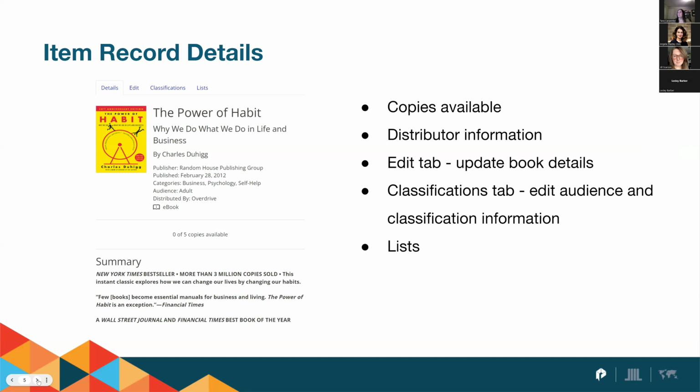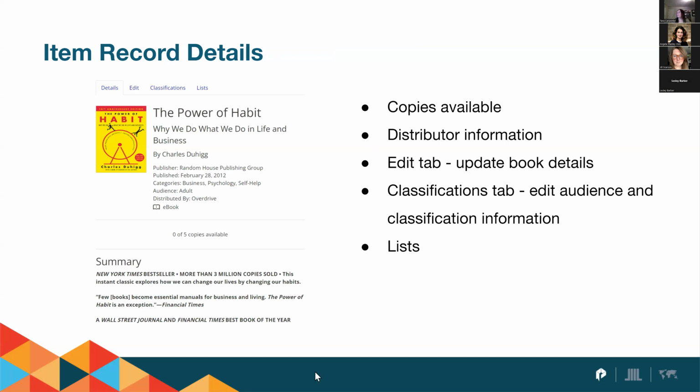And there are other tabs besides the details tab. The edit tab shows how you can update book details. So if you feel like something is incorrect or missing, you're able to do that. And as I said, that's just for your library's catalog. So if this is content from a shared collection, it's not going to globally update for all of the other libraries. It's really just for your catalog.